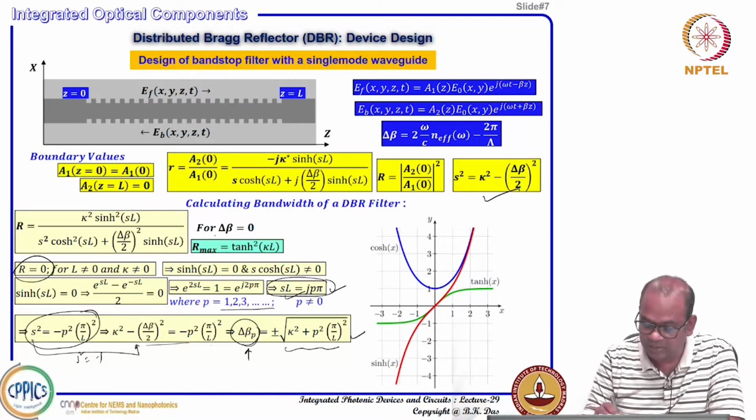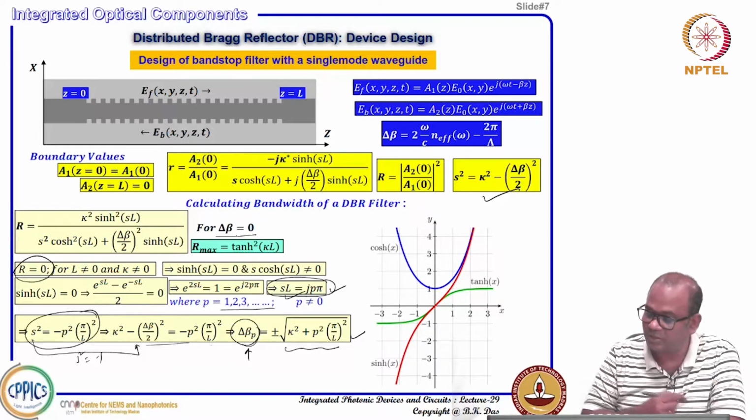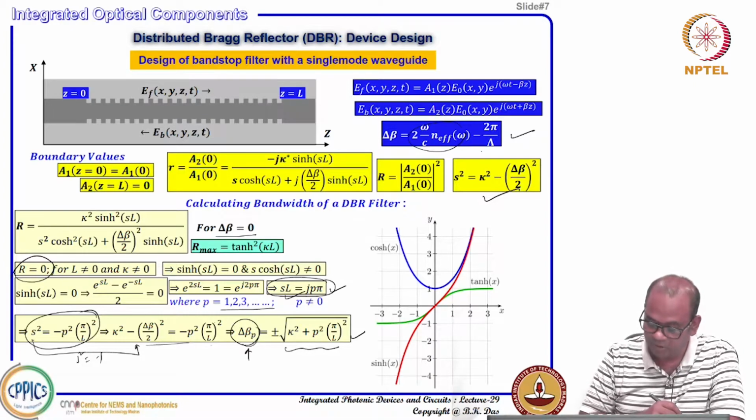So, I said that at delta beta equal to 0, your reflectivity can be maximum, but as you keep on increasing delta beta value in both plus and minus directions, delta beta can be plus or minus depending on this expression. If this one is larger than 2 pi by capital lambda, then it is plus, if it is less than 2 pi by capital lambda, then it will be negative. So, in both directions it can have solutions like this, and periodically you can see r equal to minimum.